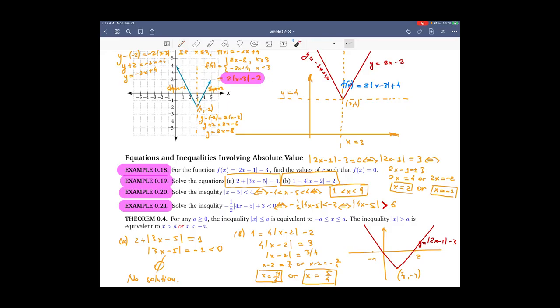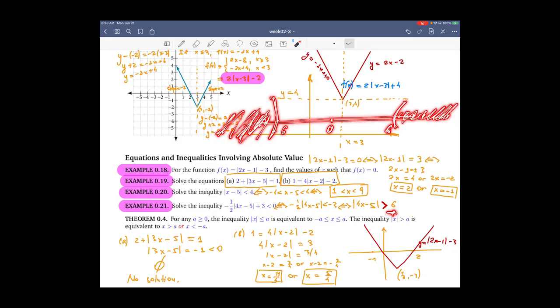And again, thinking about this geometrically, we want all those points on the real line that are a distance greater than 6 from 0. There are exactly 2 points that are at distance 6 from 0, which are -6 and 6. We want those that are farther away than 6. So they're either to the left of -6 or to the right of +6.